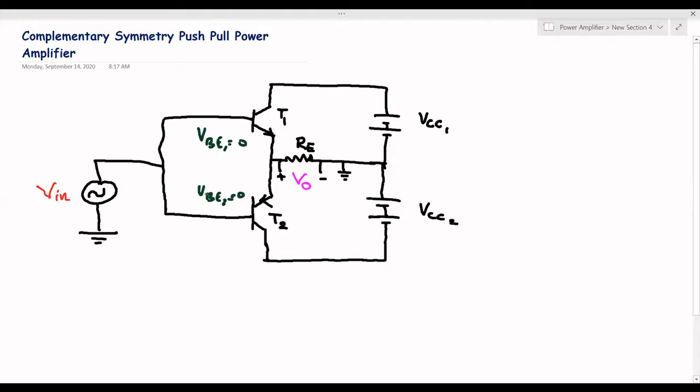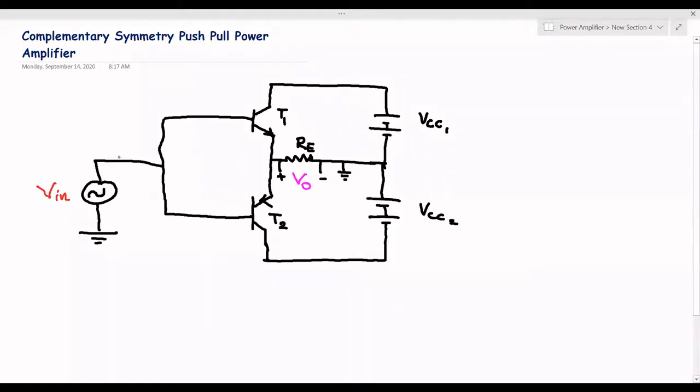It is a closed loop, so no voltage is given. When Vin is equal to 0, the base emitter of both T1 and T2 is equal to 0. So the base emitter is zero biased, the collector base is reverse biased. Therefore, the transistors T1 and T2 are in the cutoff region.